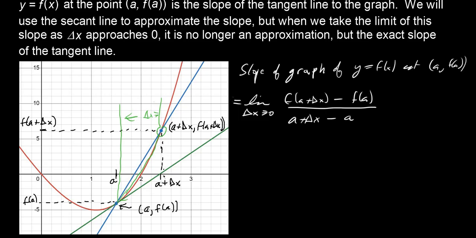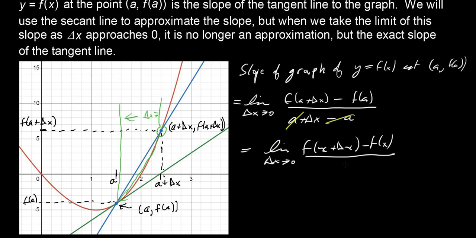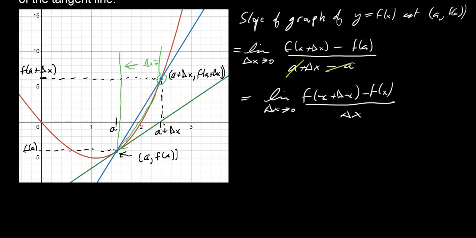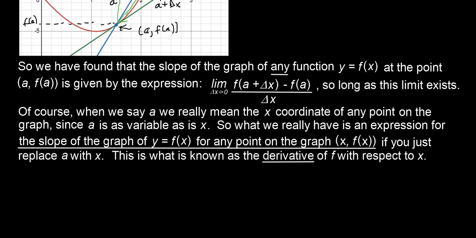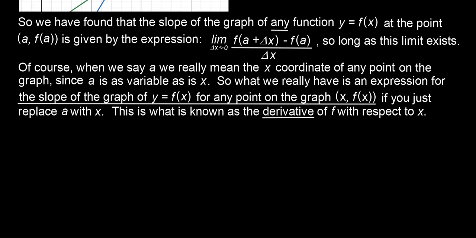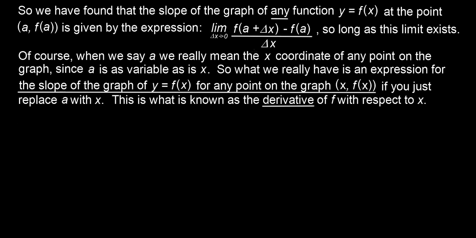As we've already seen, that change in x is really just delta x. And so the slope at the point a, f of a would be the limit as delta x goes to 0 of f of a plus delta x minus f of a, all over delta x. Okay, and so we found that expression, which you can see printed out here.